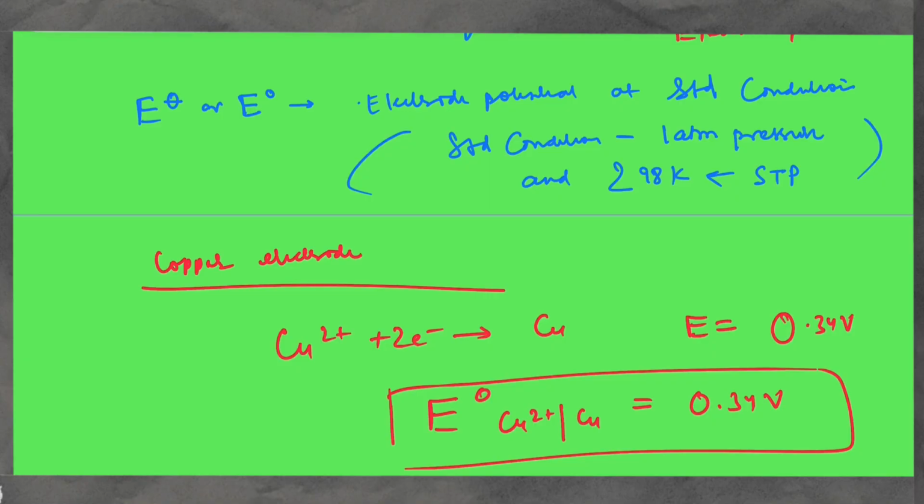irrespective of whether the electrode wants to oxidize or reduce. We always write the reaction in reduction format, and its E naught value is with respect to its reduction value.